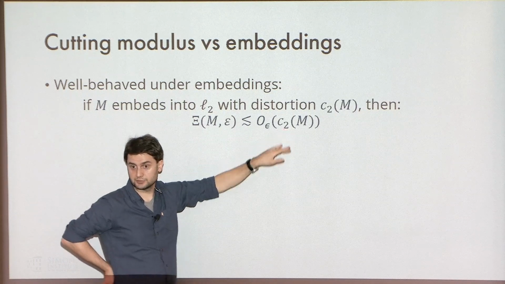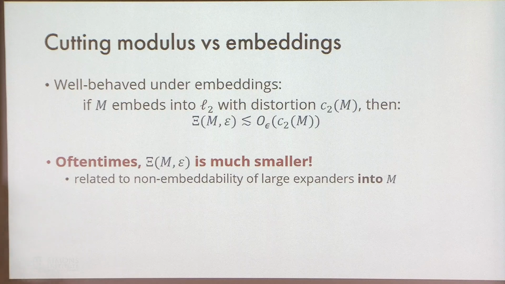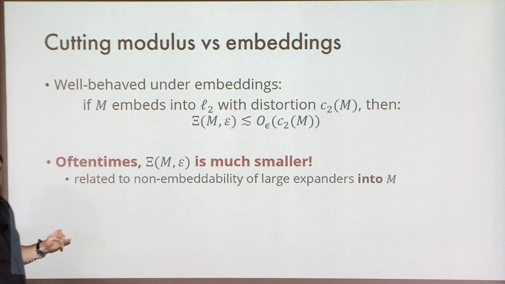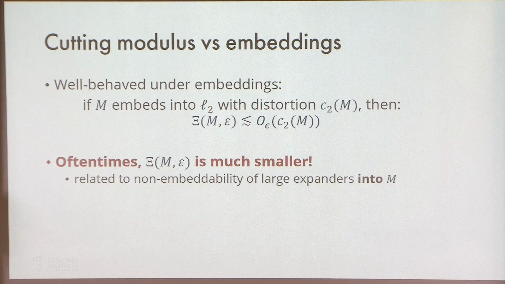But the point is that Xi for many norms is much smaller than this bound, than the best distortion of embedding into Euclidean space. Okay, and as Sash already suggested, it's related to how well can we embed large expanders into our metric.